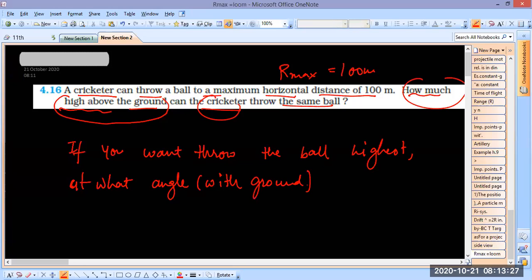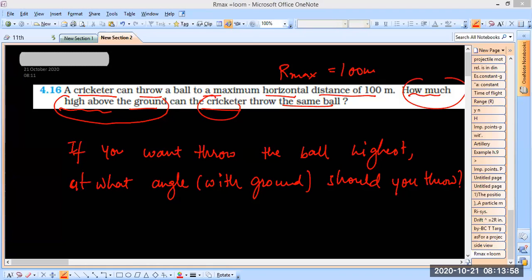First tell me, did you understand the concept? At what angle should you throw? People, please participate in the discussion. Come on, everyone. I've got many answers, but many more people are remaining to answer.